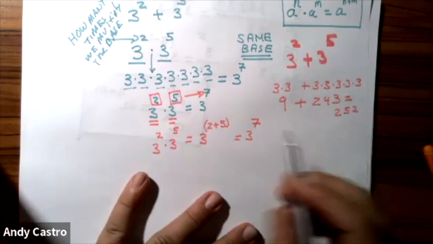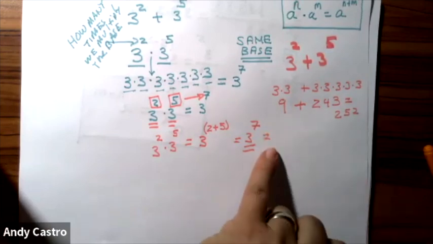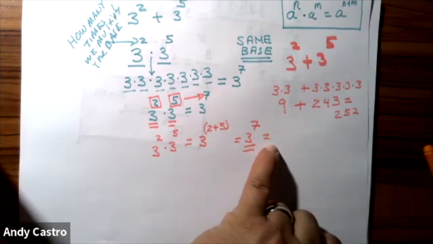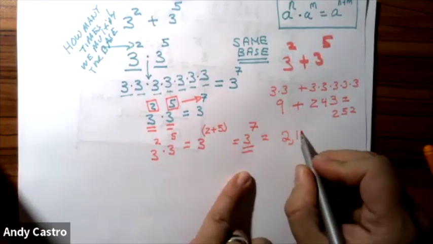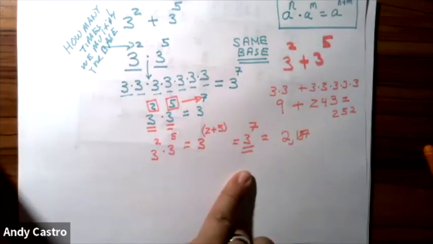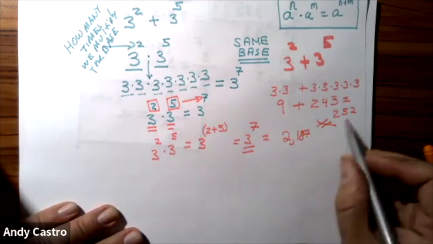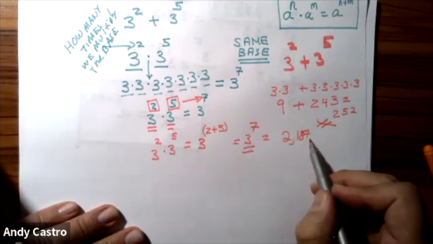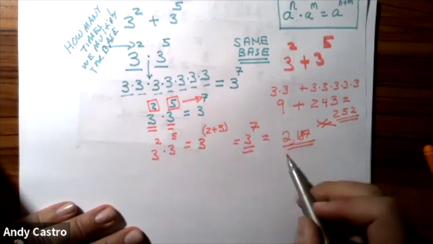Now, if I just multiply 3 by itself 7 times, that's 2,187. You can see how these two numbers are definitely not equal. 2,187 and 252, they're orders of magnitude different.